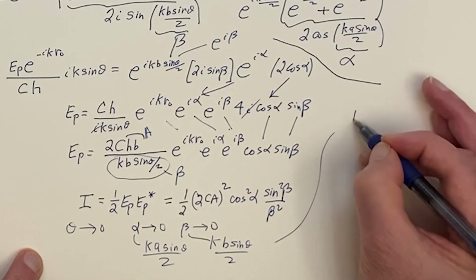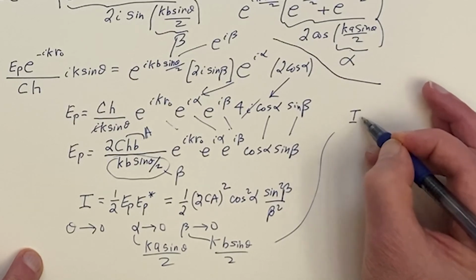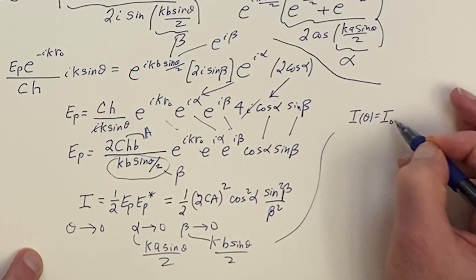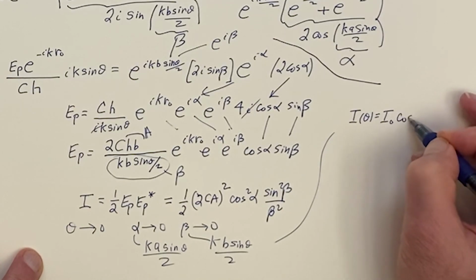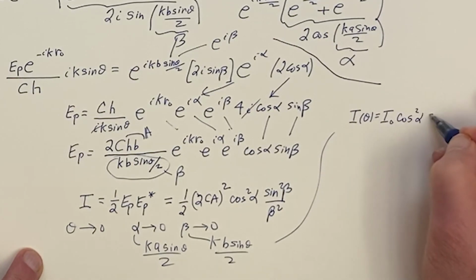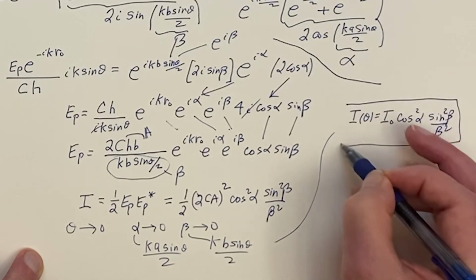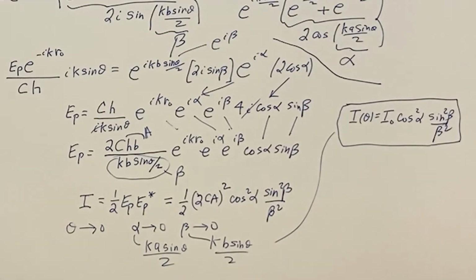This means that the I function of theta is I naught cosine squared alpha sine squared beta over beta squared. I got it. That's it. Double slit, interference, diffraction. Interference and diffraction kind of go together in a sense here.